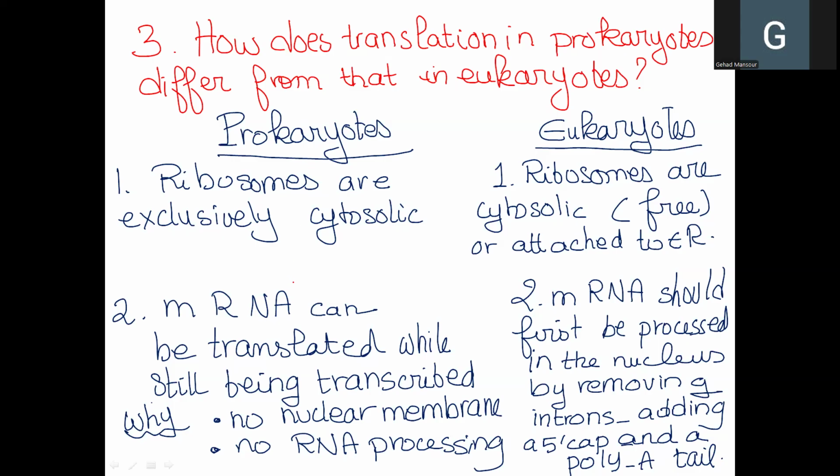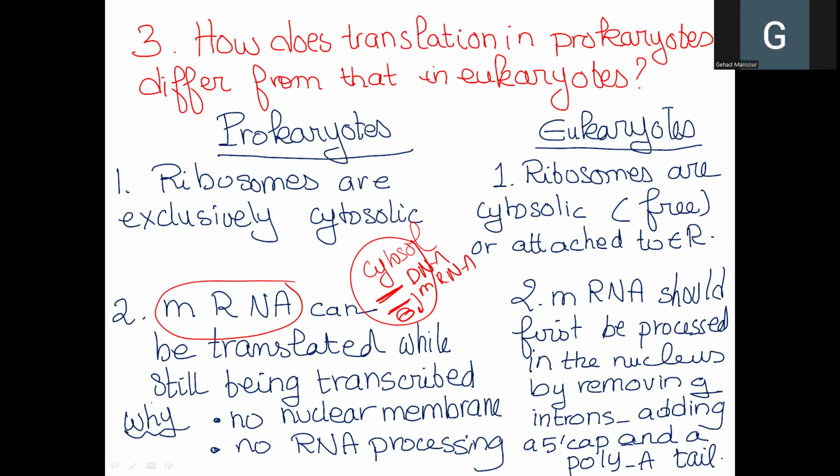In prokaryotes, we don't have this long story. Why? Because in prokaryotes, messenger RNA can be translated while it is transcribed. Why? There is no separation. It's all cytosol. So this is the DNA. We transcribe it into messenger RNA, and the ribosome is just there in the cytosol waiting for the messenger RNA to be transcribed on the spot.